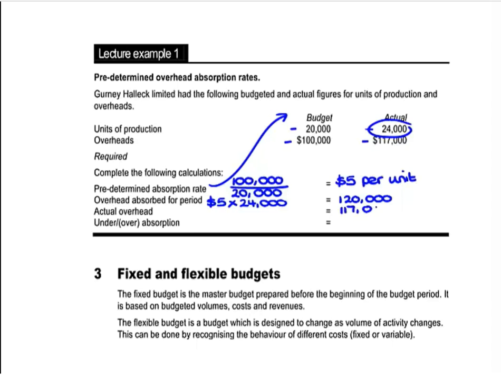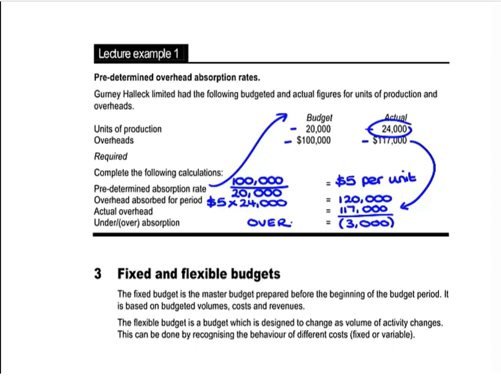Actually though, overheads were only $117,000. So that means that we have got $3,000 too much overheads. So what we've got is what we call over absorption, because we've absorbed 3,000 too much.